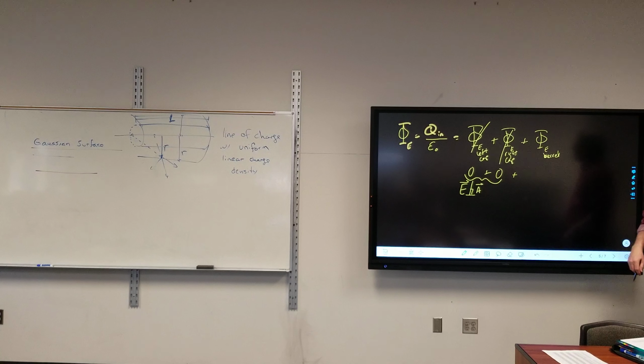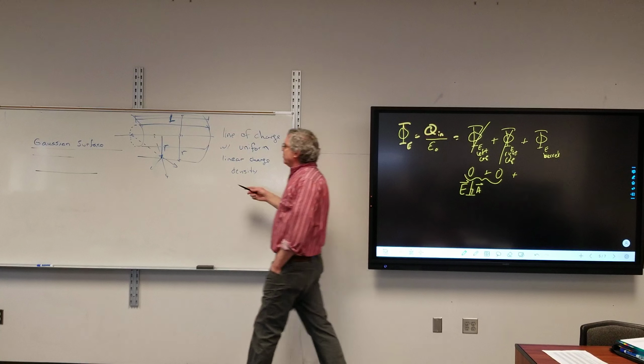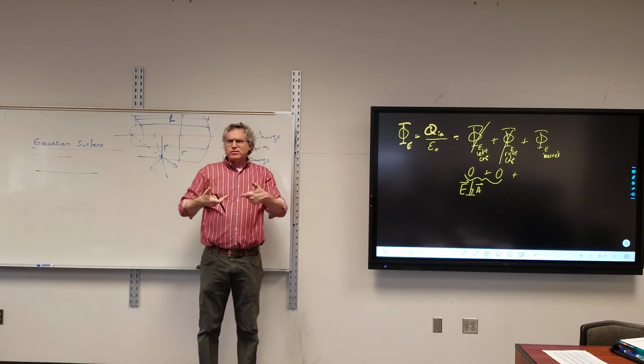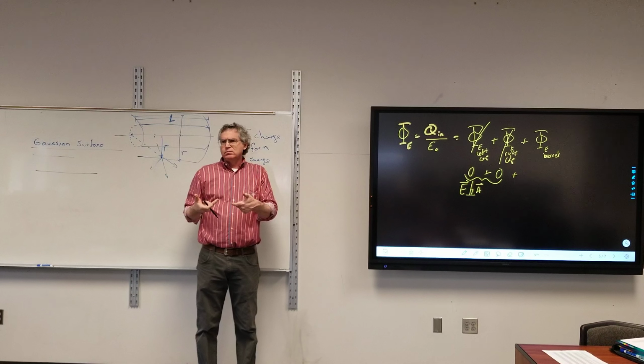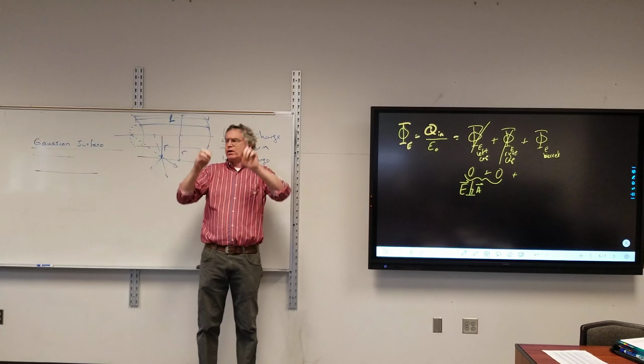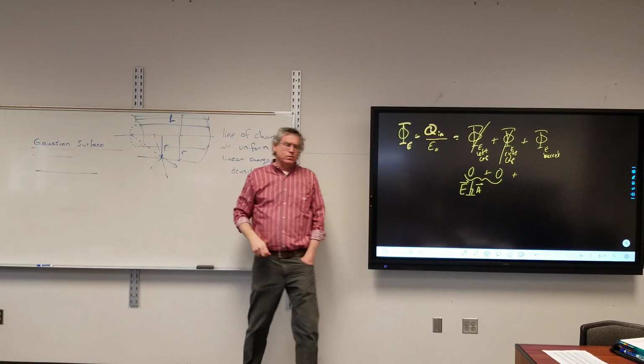So we just have this barrel here. I know that my electric field anywhere along the barrel has to have the same magnitude. Because it's an infinite line, because of symmetry, there's no reason for the electric field here to be any different than here, or here, or here, in terms of magnitude.